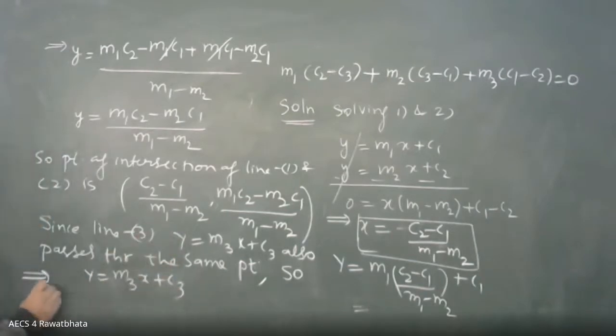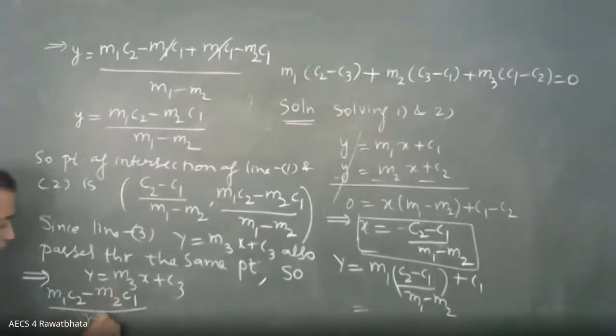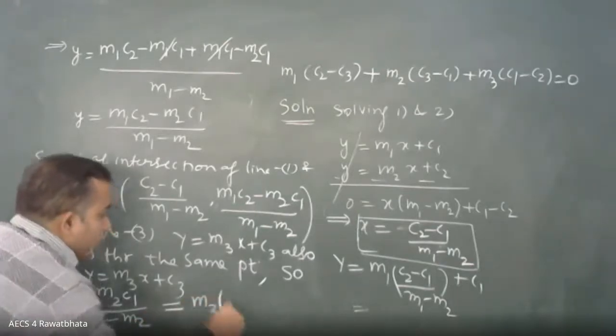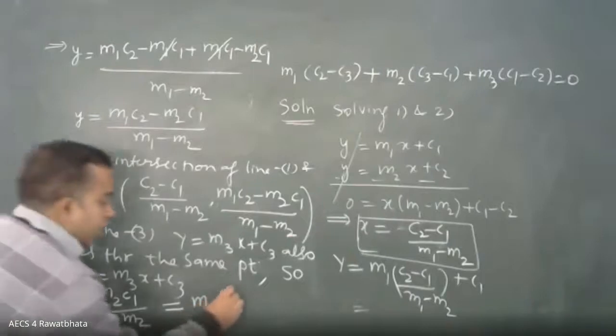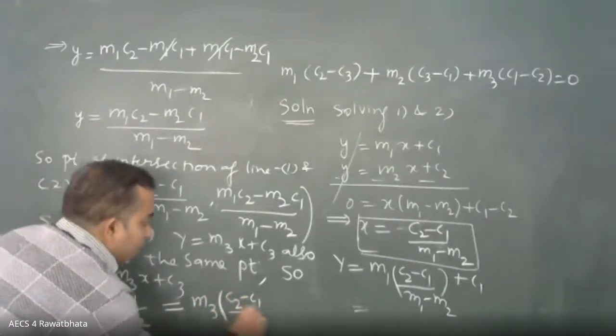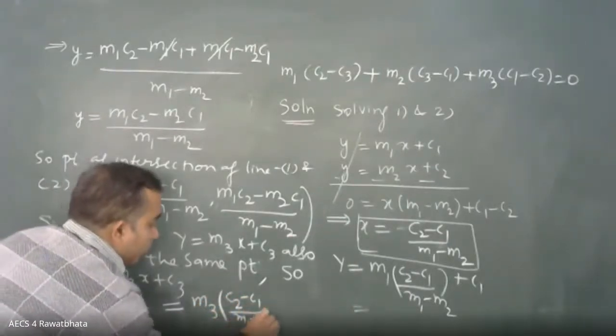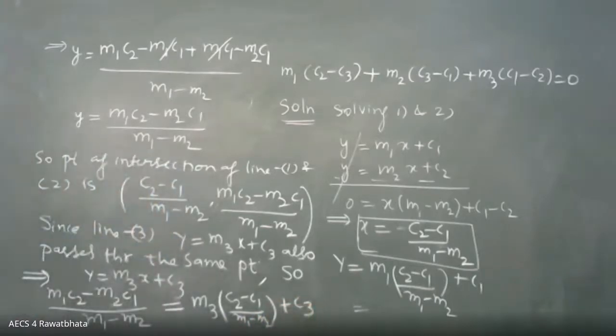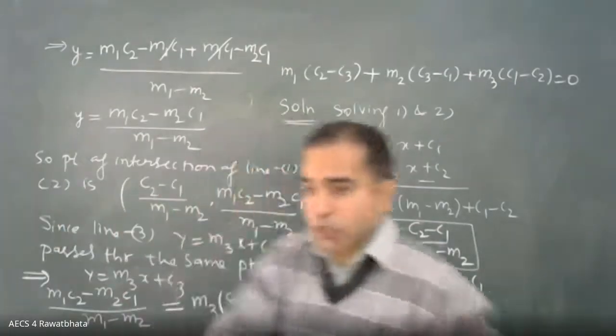In place of y, m1 c2 minus m2 c1 whole upon m1 minus m2, is equal to m3 into x. X coordinate is c2 minus c1 upon m1 minus m2 plus c3. Now let us take LCM in the right hand side also.